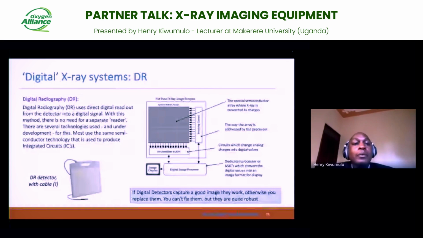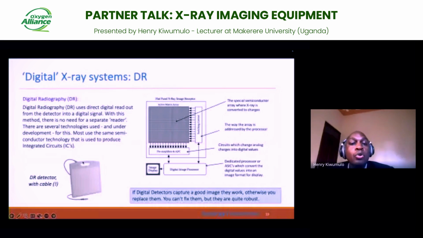Now, we also have what we call digital radiography, or the DR systems. The only difference that these DR systems have compared to CR is that they don't have a reader. They use direct digital readout from the detector into a digital signal, so with this method there is no need for a separate reader.